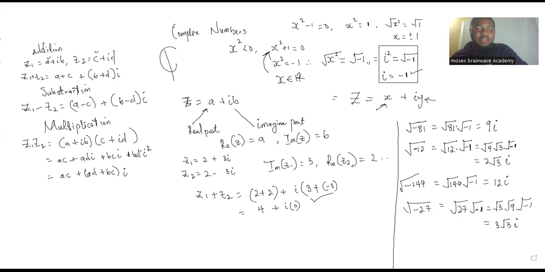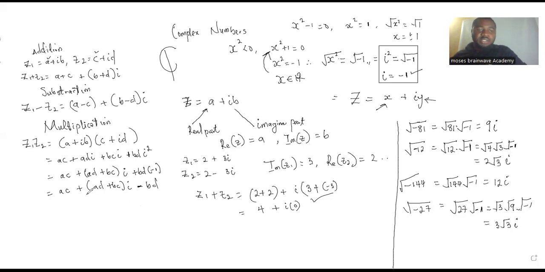Then here, remember bd, but our i squared becomes -1, so we are going to get minus bd.